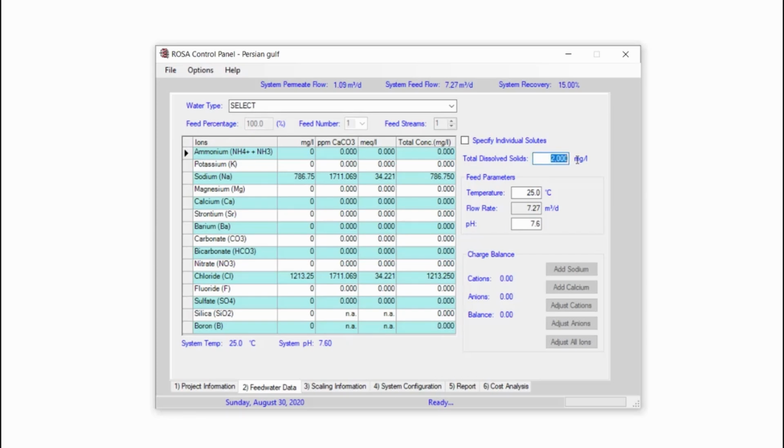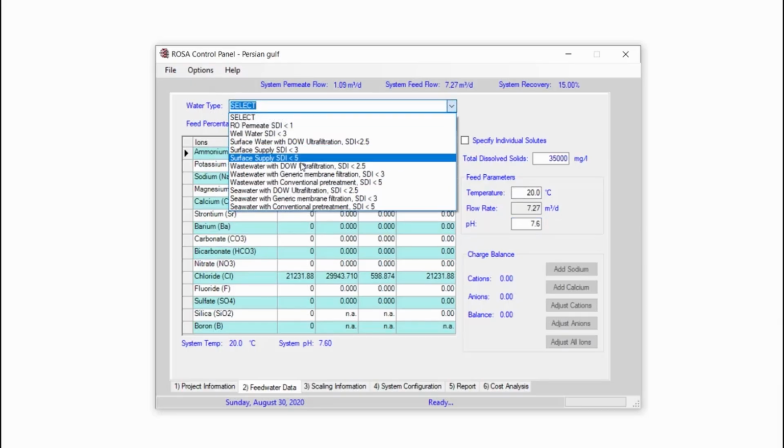The total dissolved solids in our case is 35,000 milligram per liter. Temperature is 20 degrees Celsius. If you have some information about the pH, you can input it here. Now you have to select the water type. In our case it is seawater with SDI less than 3.